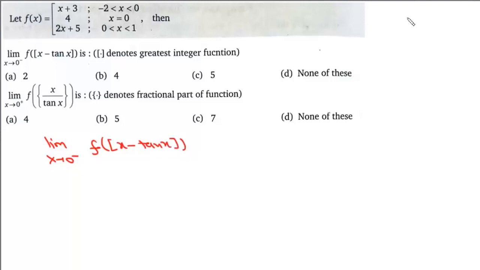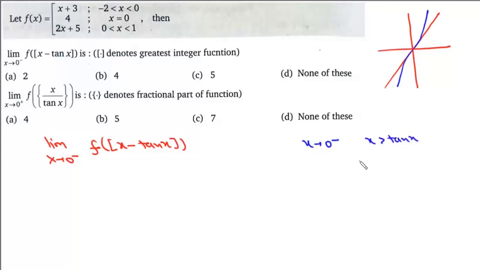Now, if we look at the graph of y equals x and y equals tan x, then when x is negative, in that case x is greater than tan x.